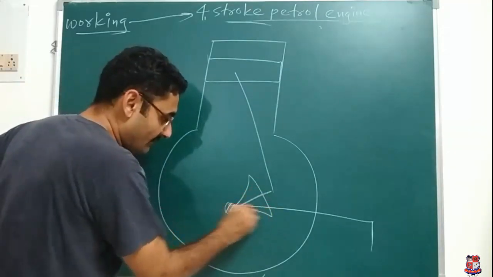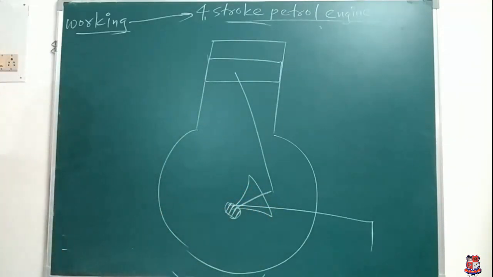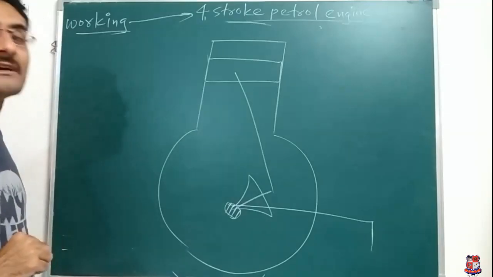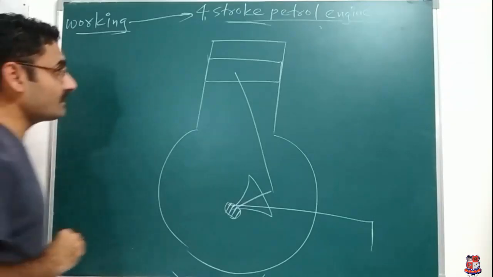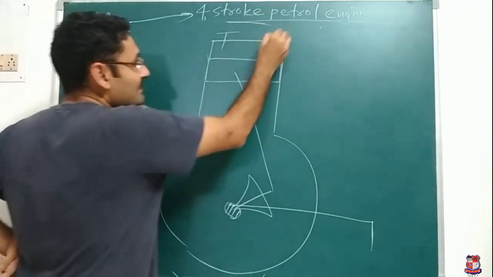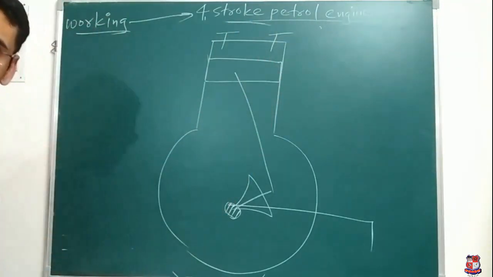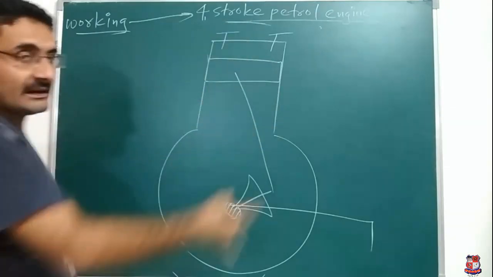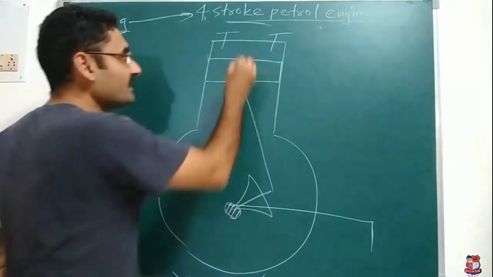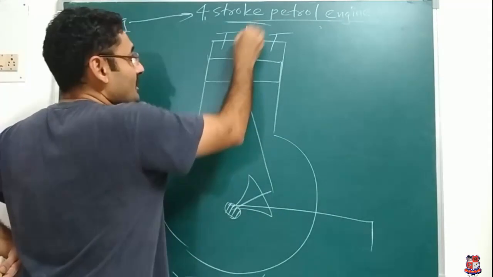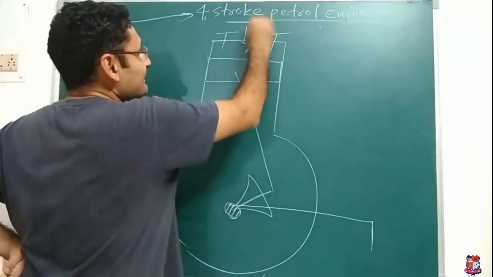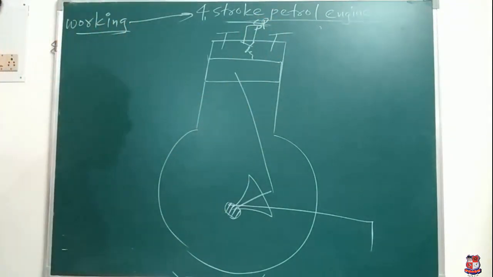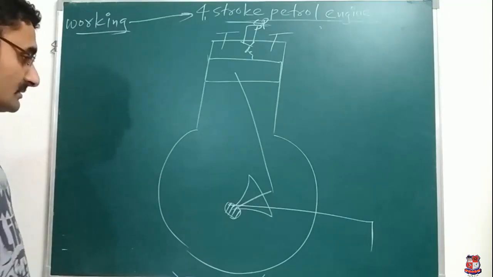On the crank, one flywheel is located which will store the energy and then release the energy whenever it is required. Then at the top side of the cylinder, two valves are there, say inlet valve and outlet valve. Inlet valve will collect fresh charge or pure air and fuel mixture, and outlet valve is used to reject the burnt particles after the combustion of the fuel. Between inlet and outlet valve, one plug is there which is known as spark plug, which is used to provide ignition.